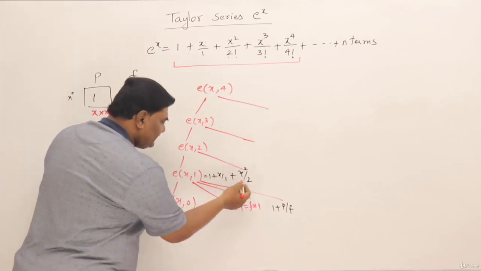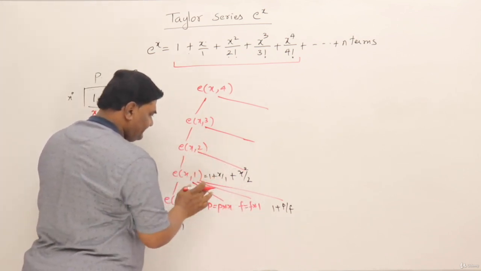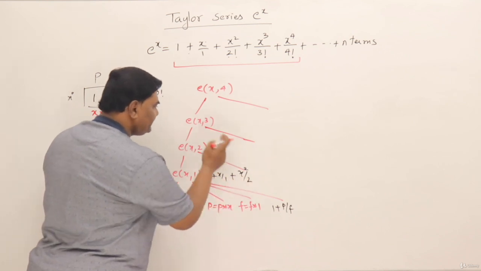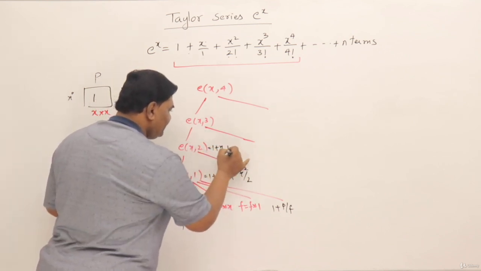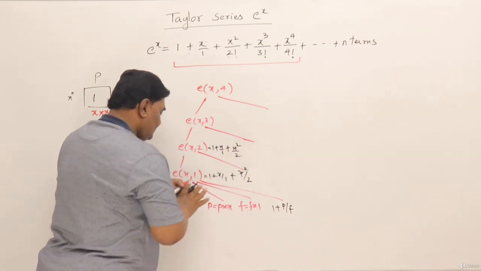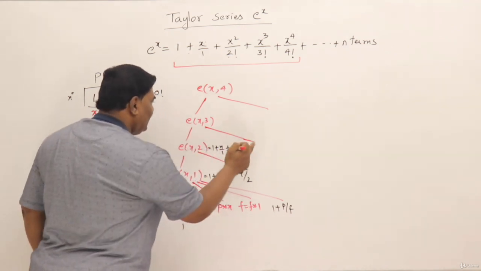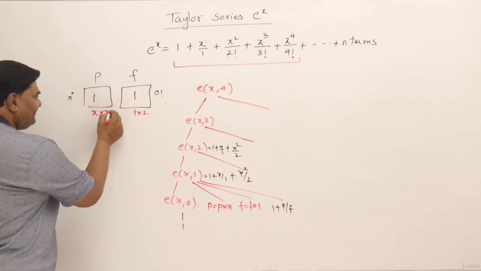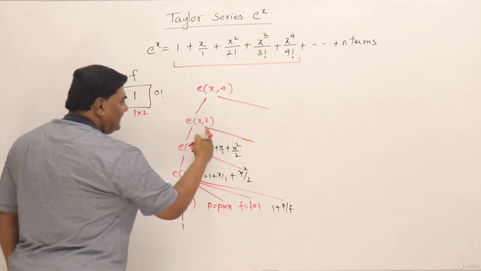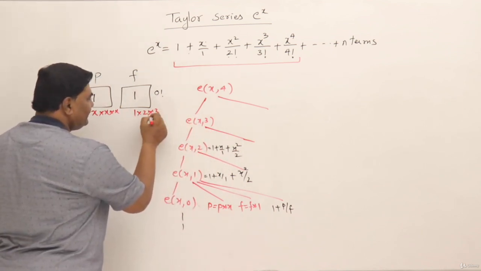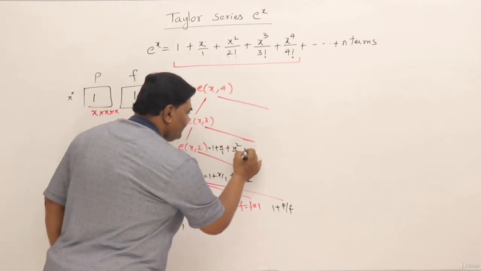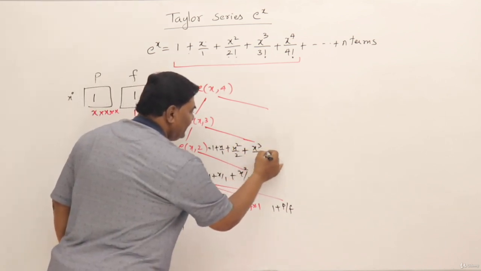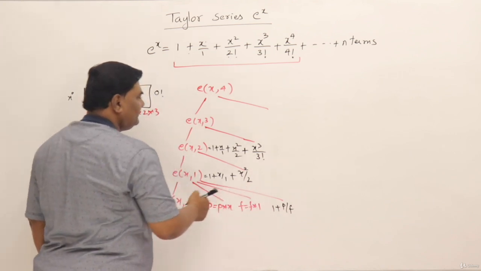Then the result of this function is returned. So this becomes 1 plus x by 1 plus x square by 2. Now for this function call, again, this p should be multiplied by x and f should be multiplied by 3. So it becomes x cube and this becomes 3 factorial. So plus x cube by 3 factorial.